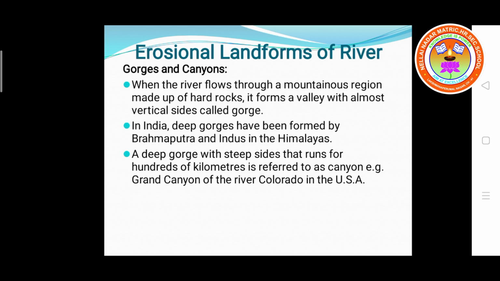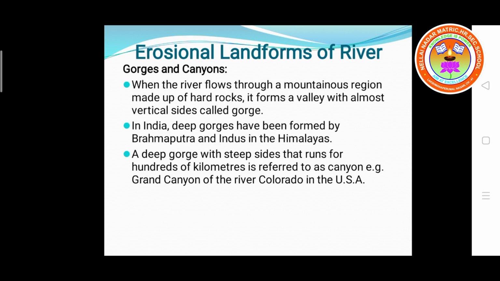When the river flows through a mountainous region made up of hard rocks, it forms a valley with almost vertical sides called a gorge. In India, deep gorges have been formed by the Brahmaputra and Indus in the Himalayas.